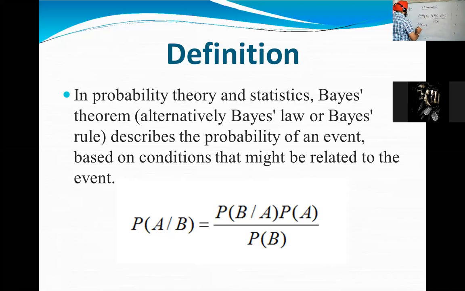Then what is P(B|A)? It is given. What is the probability of B if A has already occurred? It is given P(A), the probability of A to occur, and P(B), the probability of B to occur. So you have to define. So this is the Bayes rule or the Bayes theorem.